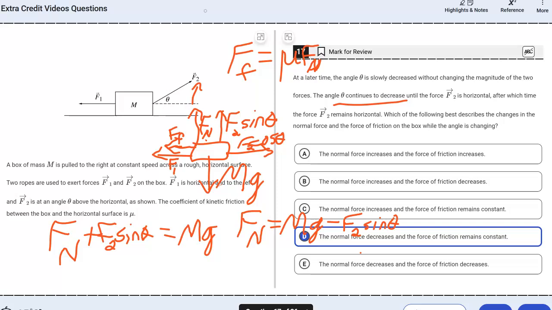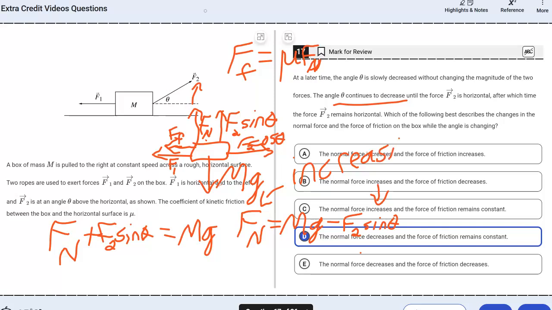So if what we're subtracting decreases, that means the difference is going to be larger. That means our normal force, as the angle decreases, is going to be increasing.